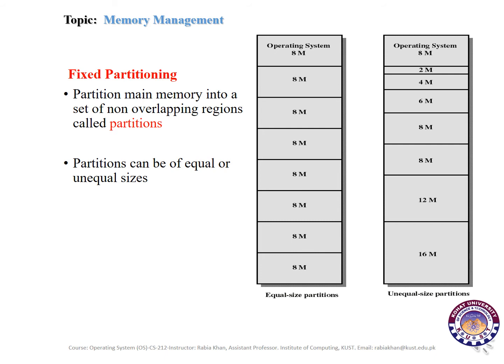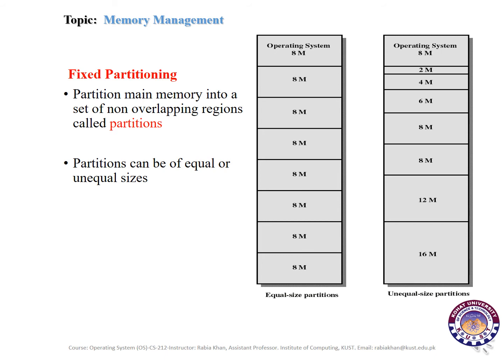As you can see in the image, both the equal and unequal size partitions are visible. Whatever the size of blocks, once they are created, either equal or unequal, they are fixed and cannot be rearranged or reorganized.